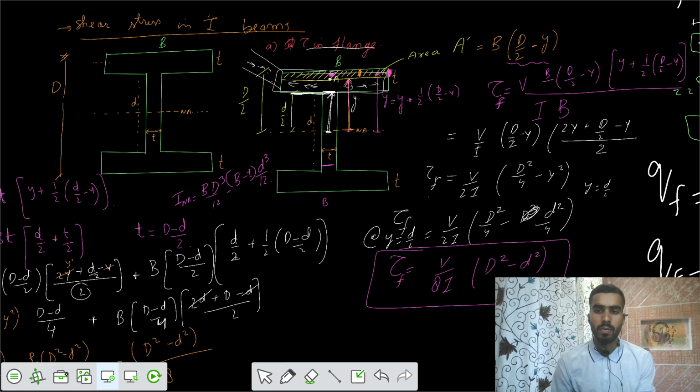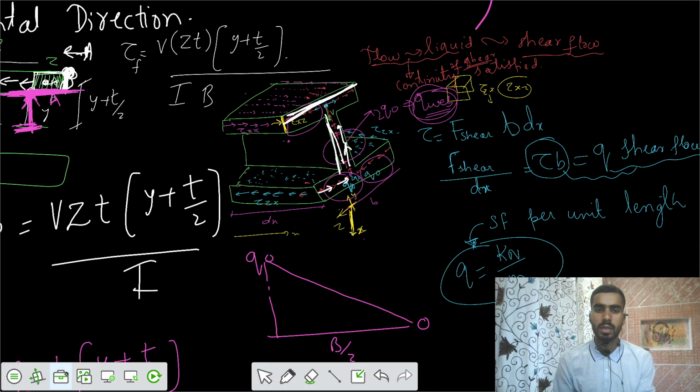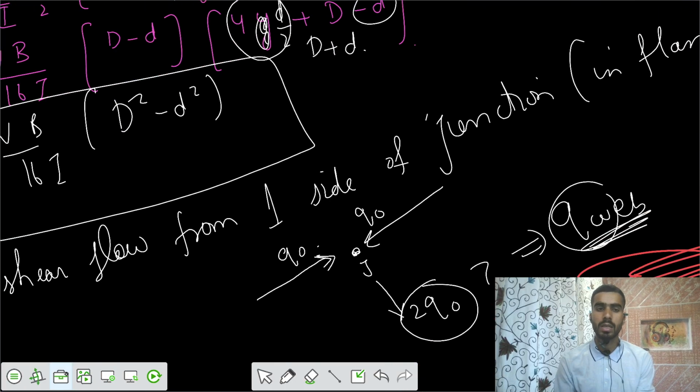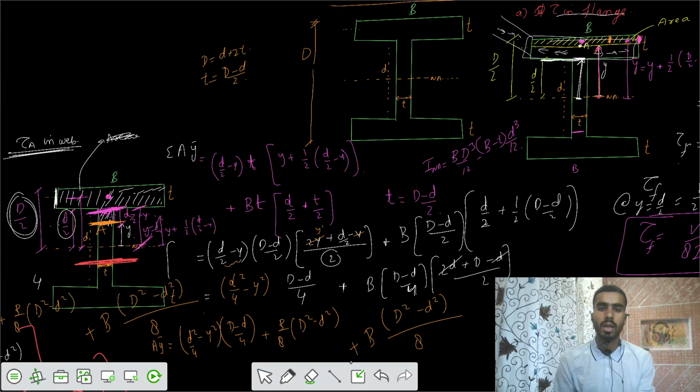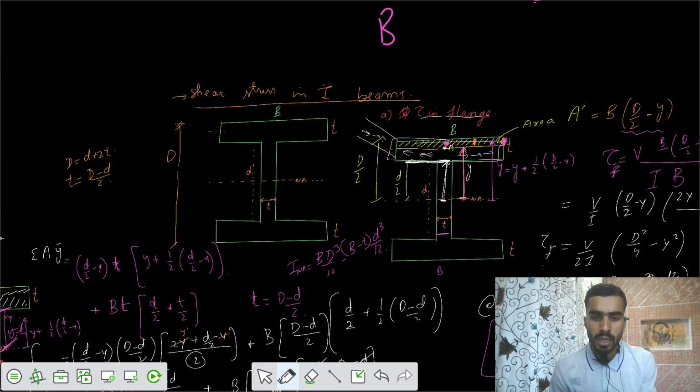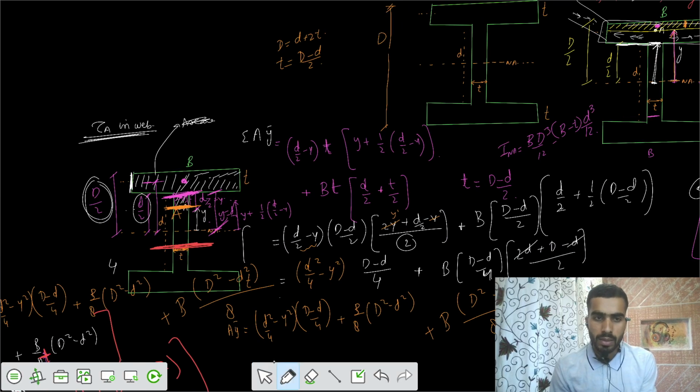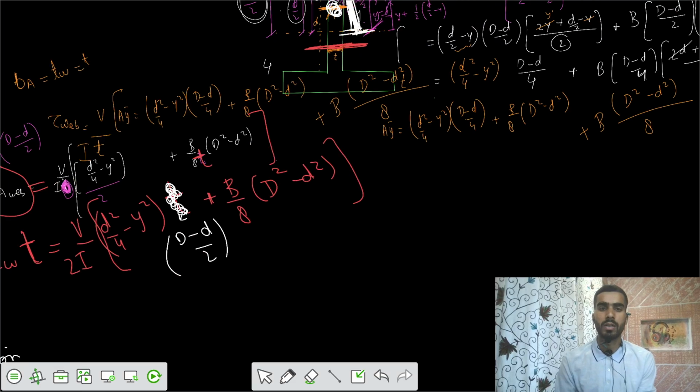So if you go to that point A, you want to know the shear flow at that junction, that means at y goes to d by 2.